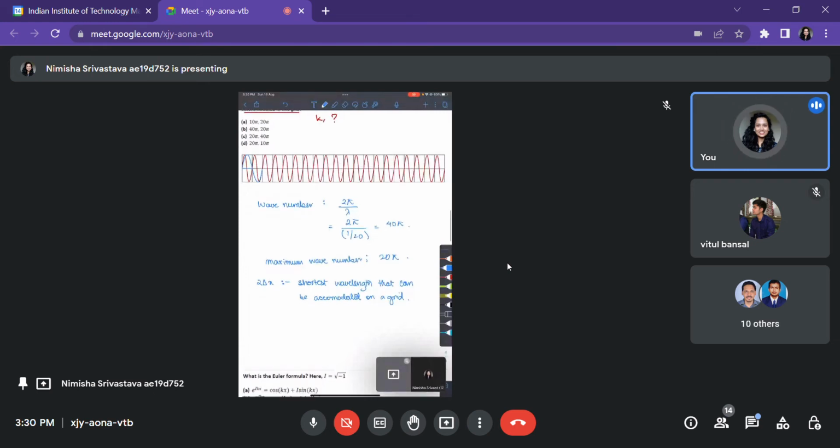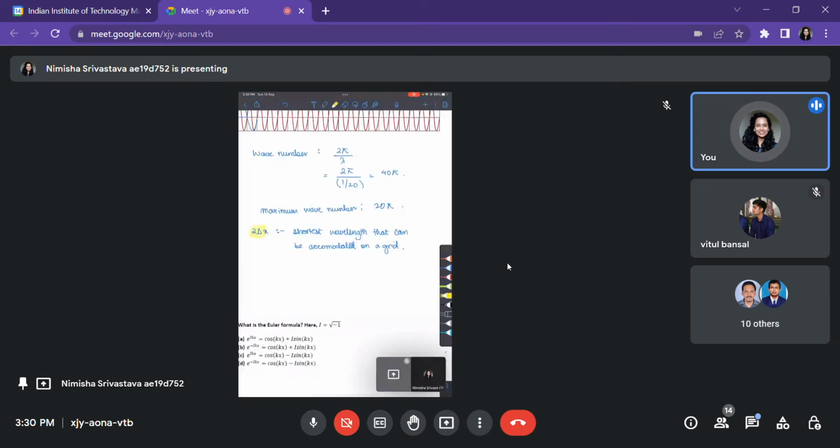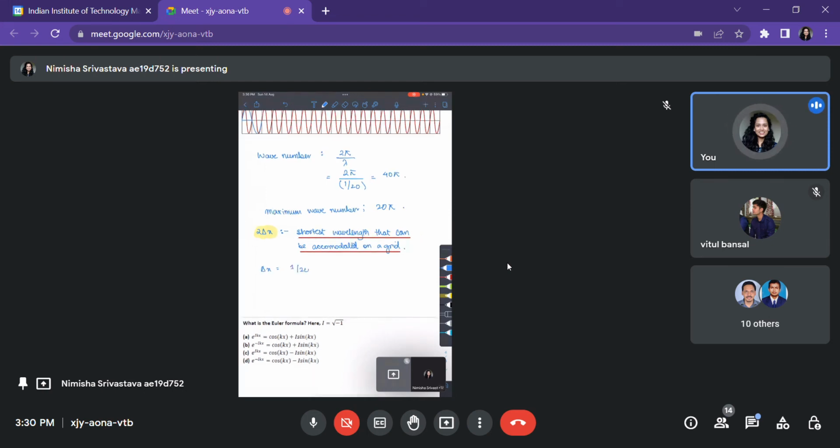Anyway, this is a rule of thumb that you can remember for solving your assignments: the shortest wavelength that can be accommodated on a grid is 2 delta x. So over here, what was delta x? Delta x was 1 by 20, because 1 meter divided by 20 halves, right?